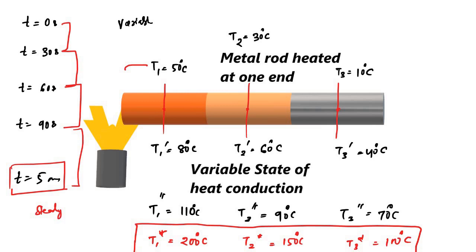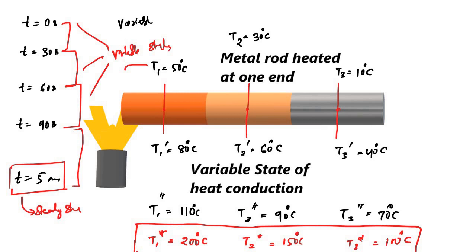This is the steady state, the 5 minutes. And these three are the variable state of thermal conduction. This is the steady state of thermal conduction.